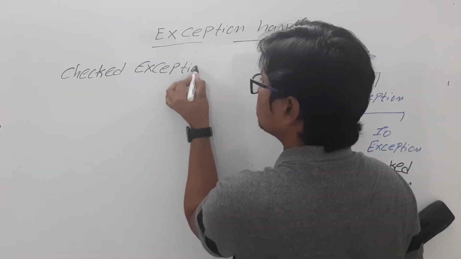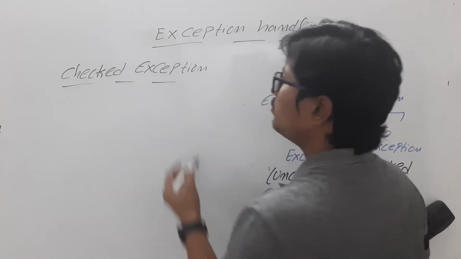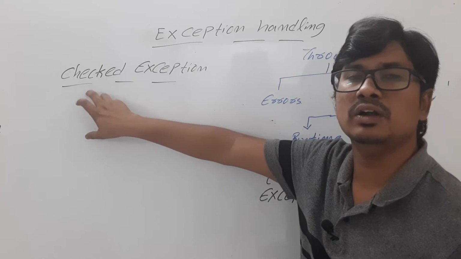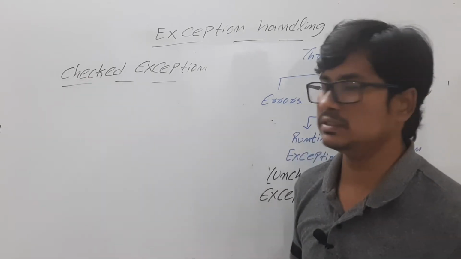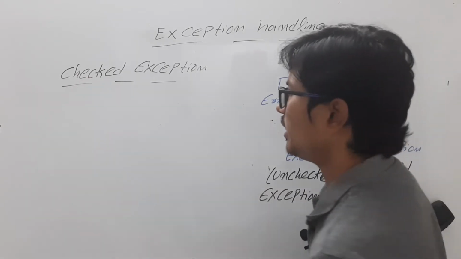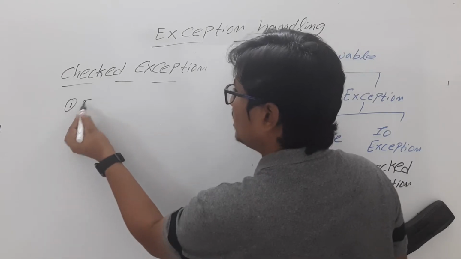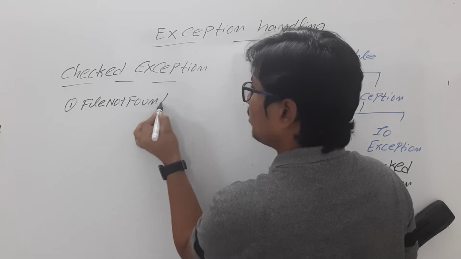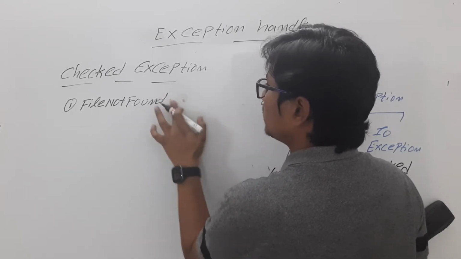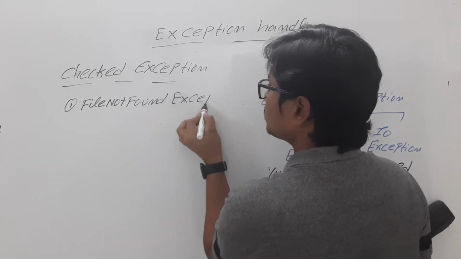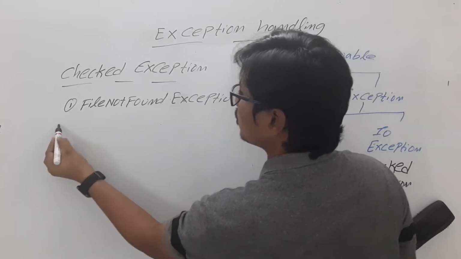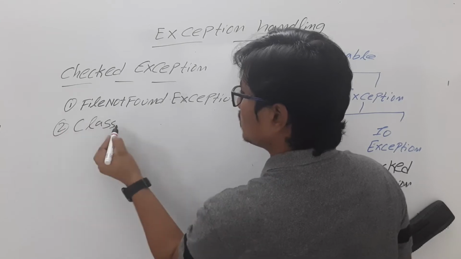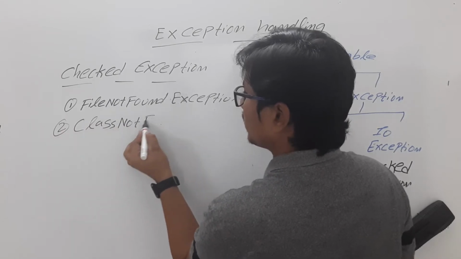The checked exceptions usually will be checked by the compiler, so these kinds of exceptions we will call compile time exceptions. The examples for the checked exceptions are FileNotFoundException, where the E should be capital, or ClassNotFoundException.